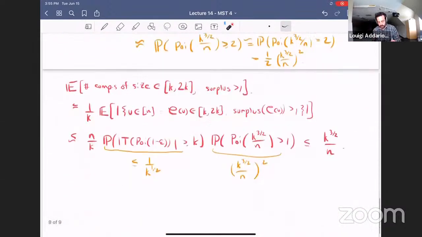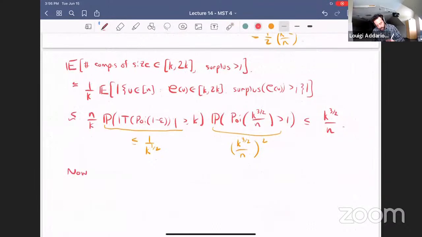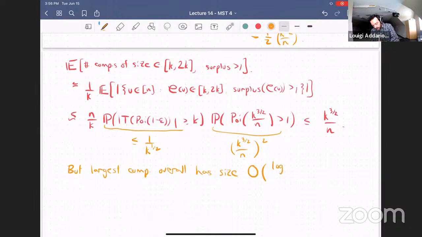Okay, so now we can sum this bound. In this regime, we know the largest component overall has size at most the bound we saw, log epsilon cubed, n over epsilon squared, which is little o of n to the 2/3. So now you can sum this bound over k.